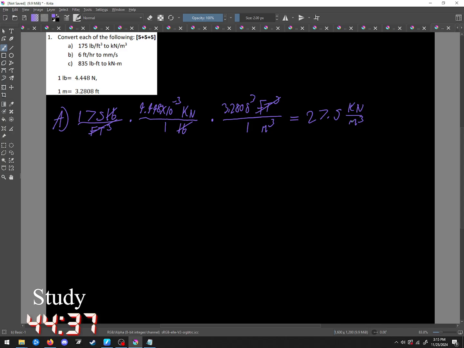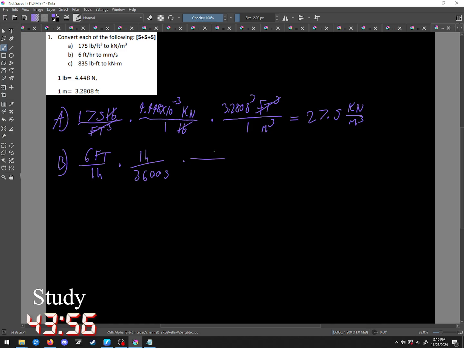Part B is we've got 6 feet per hour, and we need this in millimeters per second. So 1 hour is 3,600 seconds, since seconds have to be on the bottom. Now hour cancels out. We have the seconds, and now we have to do feet to millimeter.